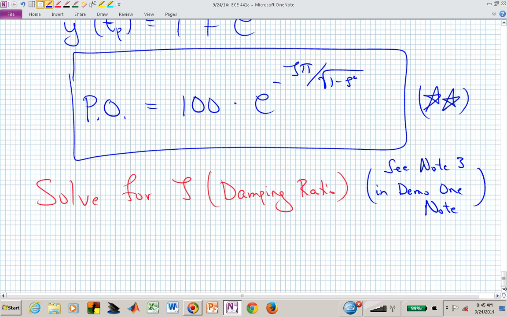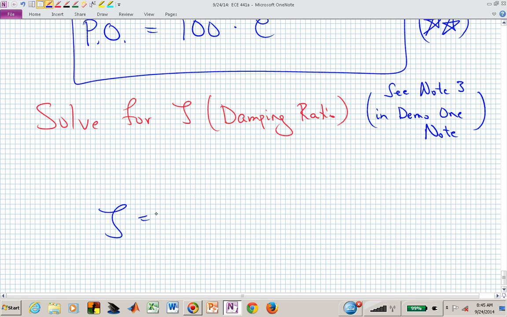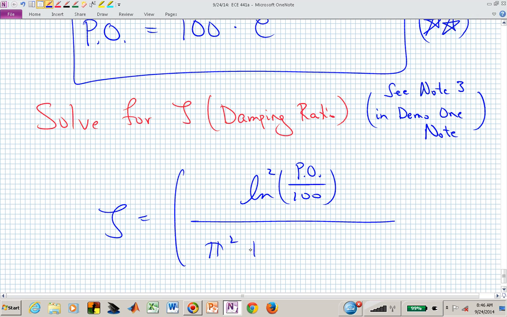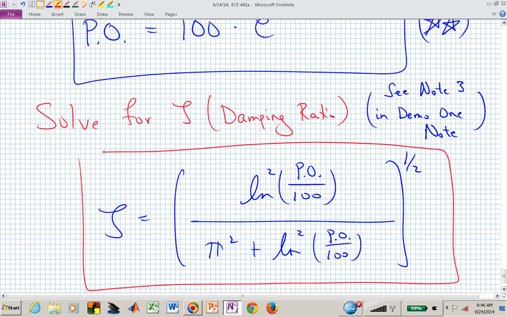If you do that, you now have zeta is equal to the natural log of percent overshoot over 100 squared, all over pi squared plus the natural log squared of percent overshoot over 100, all square rooted. That's the second relationship.